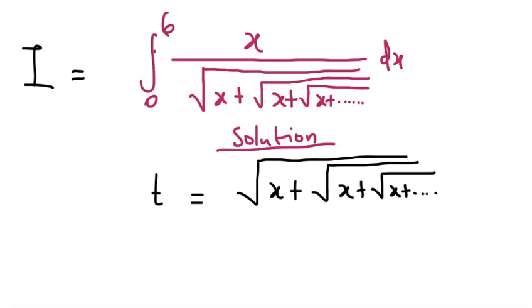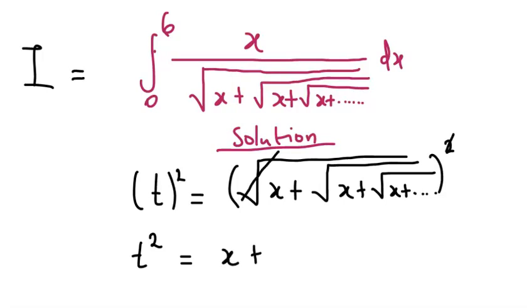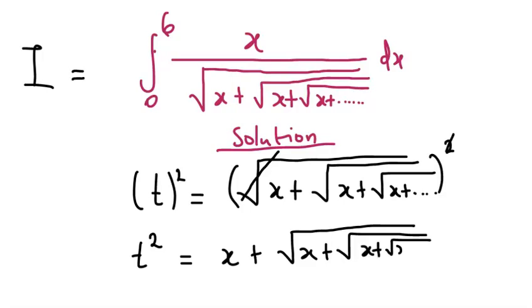Now, let's square both sides of this equation. The left-hand side is just t squared. This is equal to, now, this is how this works. This square gets cancelled with the big square root, and we're left with x plus the square root of x plus the square root of x plus the square root of x plus and so on, right?